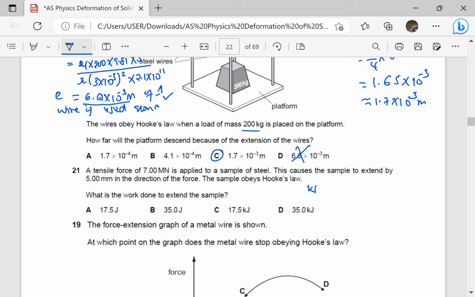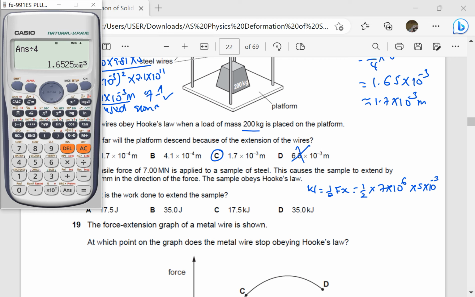So work done is going to be equal to a half times Fx, which will be equal to a half times F, which is 7 times 10 power 6, because it is in mega, then times x. x is 5 times 10 power negative 3. So from my calculator, 0.5 times 7 exponent 6, then times 5 exponent negative 3.